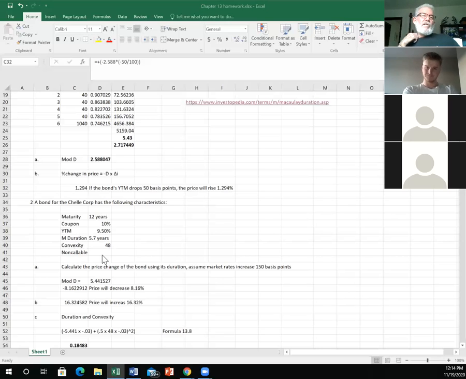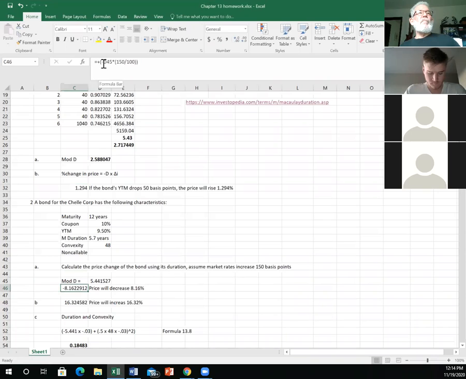So calculate the price change of the bond using its duration if the market rate goes up 150 basis points, which is the same thing as increasing 1.5%. So the formula is minus duration times, I use the basis points again, 150 divided by 100. And the answer is negative 8.16. So if interest rates go up, we would expect the price to fall, and it should fall 8.16%.